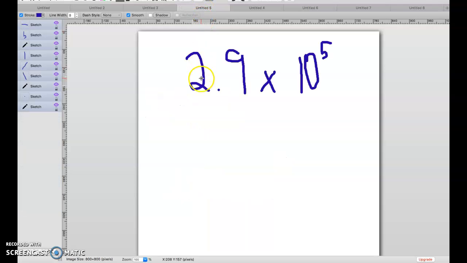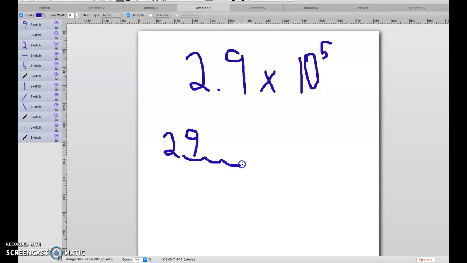I want to talk about another example of taking a number in scientific notation and changing it to standard notation. This is 2.9 times 10 to the power of 5, so we need to move the decimal place 5 times. This is a positive 5, so I want to make this number bigger, and since I want to make it bigger, the decimal place has to go to the right. 1, 2, 3, 4, 5.